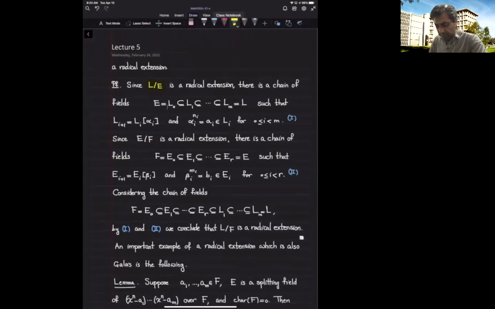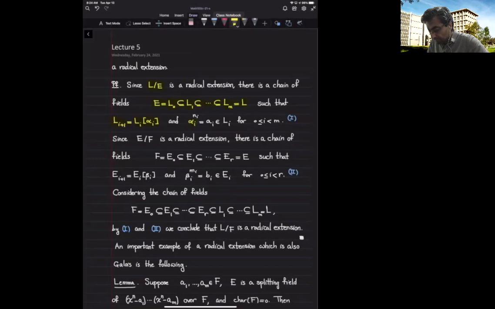Let's call them L sub 0, that's just E, starting from the base, L sub 1, and so on. The property of this chain is that each time I'm adding some nth root of one of the elements of L sub i to L sub i in order to get the next field. So L sub i plus 1 is nothing but L sub i joined with alpha sub i for some alpha sub i.